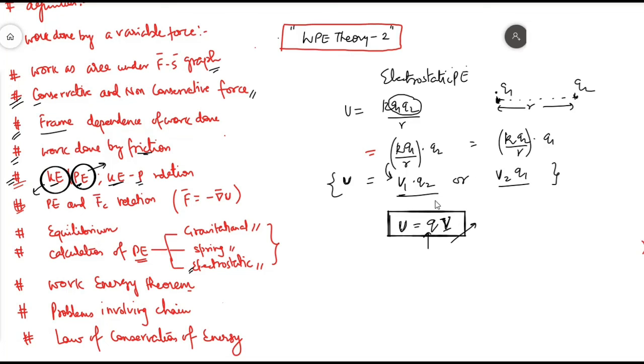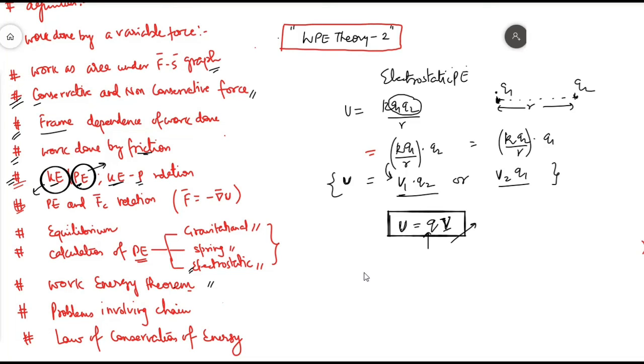Okay, now let's move on to the next topic, which is going to be the final topic of this video, and this is the work energy theorem. Now these topics, problems involving chains and the law of conservation of energy, we are going to discuss shortly in the next video. Okay, so let's start with the work energy theorem. The work energy theorem says that the total work done on a system by all the forces is going to be the change in kinetic energy.